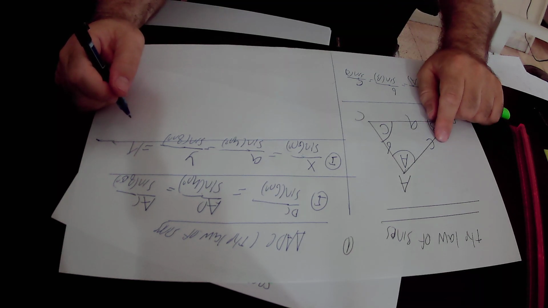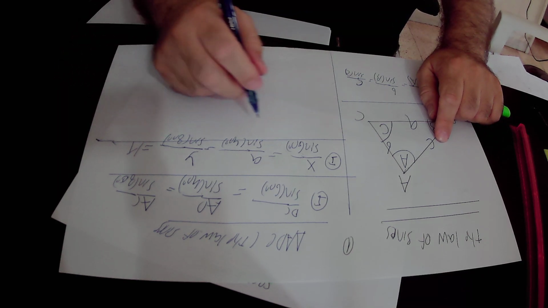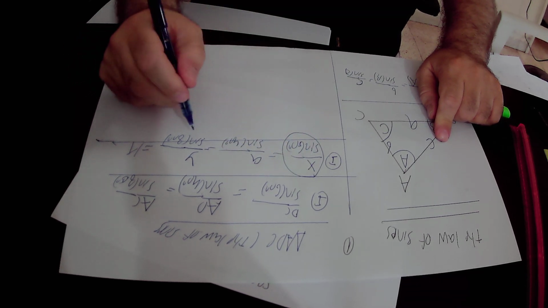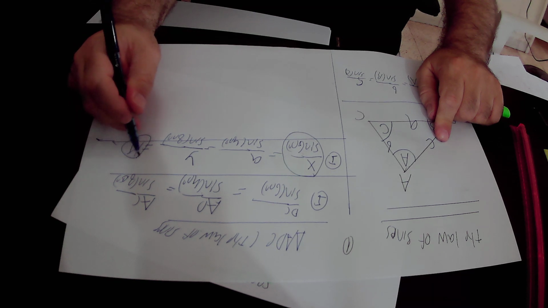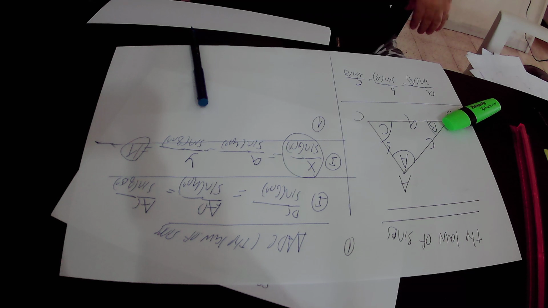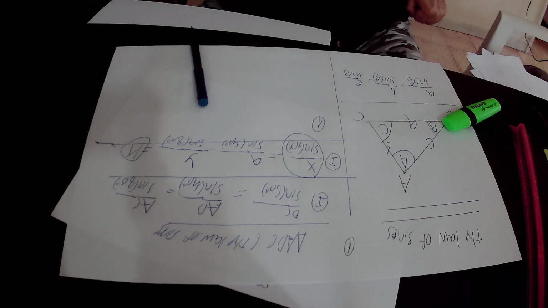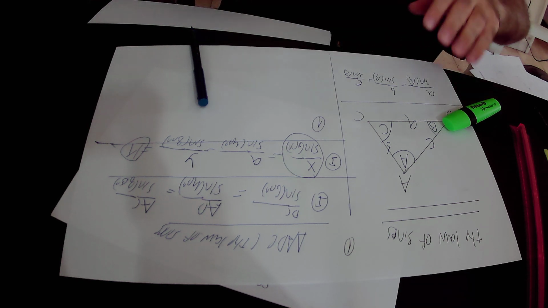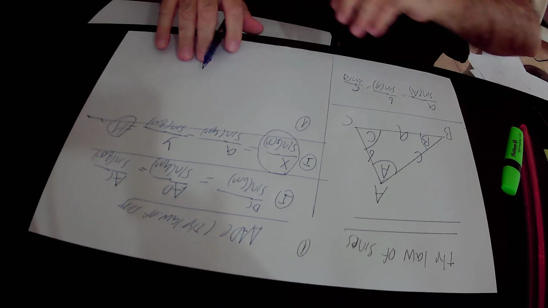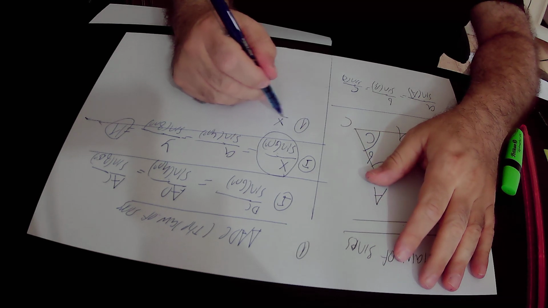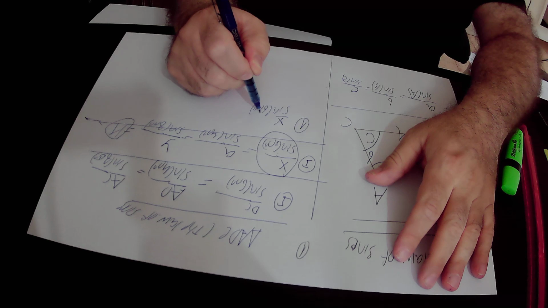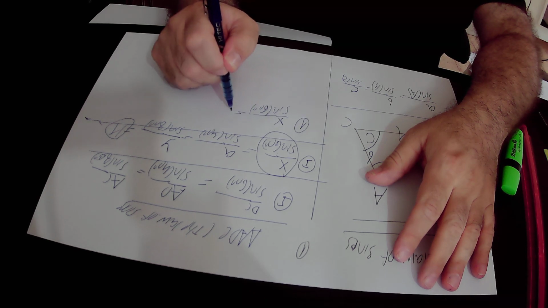And we derive the first equation from this long equation: this expression equals k. That is to say, according to equation number 1, x over sine 60 degrees equals k.